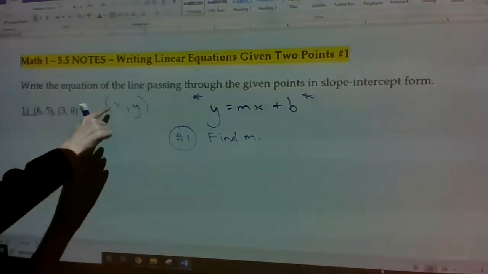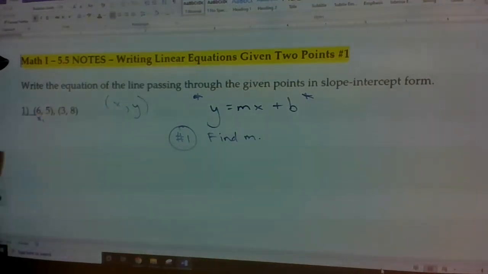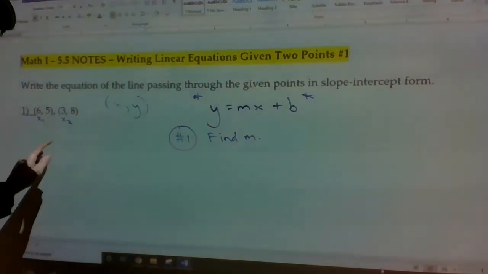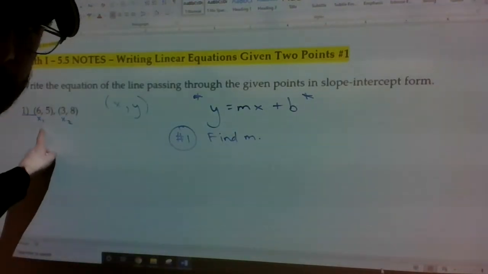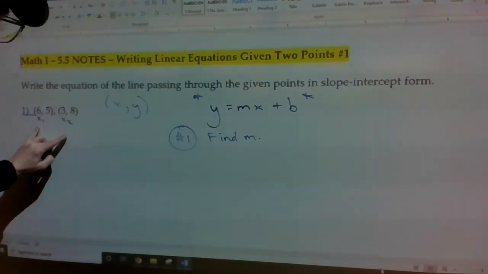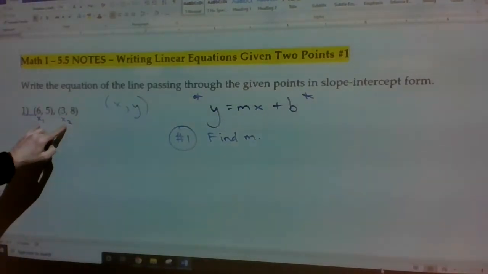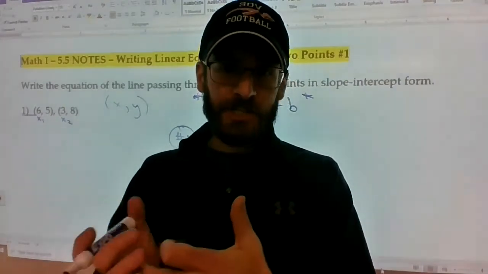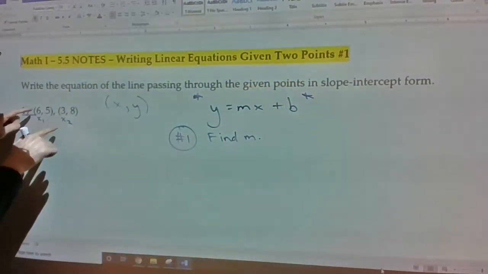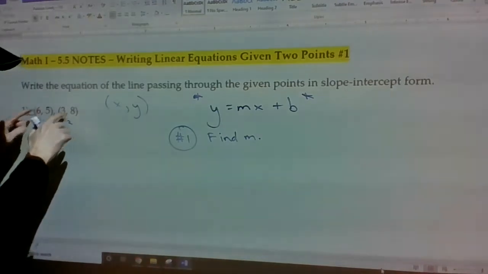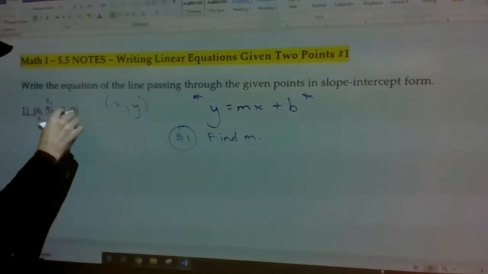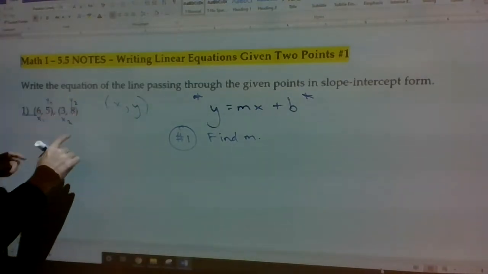I'm going to say that the x coordinate, x1, x2, we use these things called subscripts to basically distinguish one x coordinate from the other. So 6 is x1, 3 is x2, 5 is y1, 8 is y2, all right?